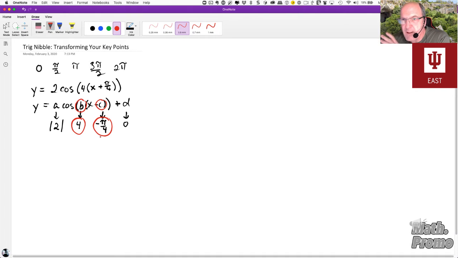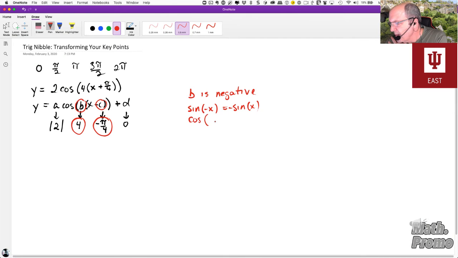And just a quick side note, if your B is negative, just remember 2 important things and get rid of the negative. You know that sine of negative x equals negative sine of x, and you know that cosine of negative x equals cosine of x. So basically, don't leave the b negative.